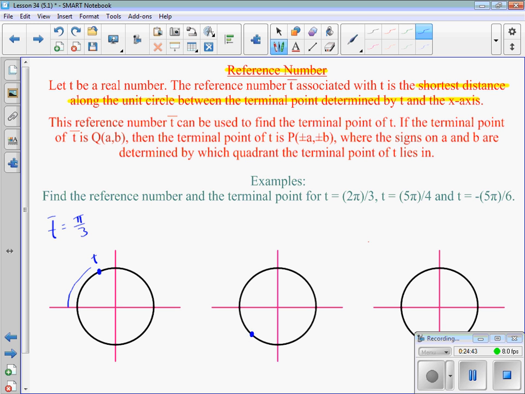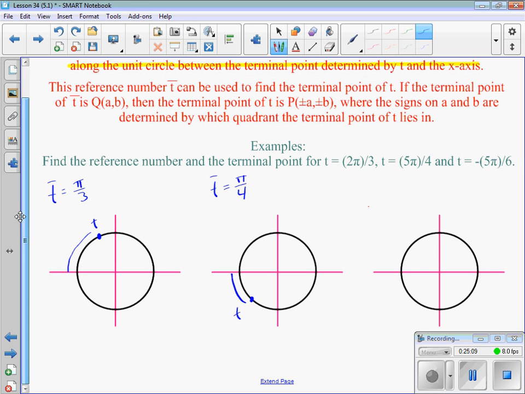So here's where my t is. And I'm trying to find the distance between the x-axis and that point. So how far is it from here to here? Pi over 4. So that would be my t bar here, would be pi over 4. Okay, so it's always positive. You don't have to worry about negatives here because it's a distance.